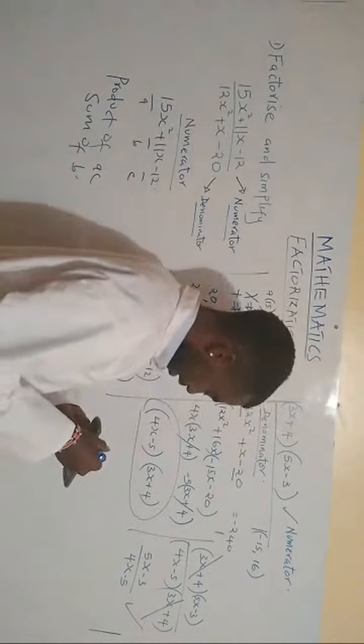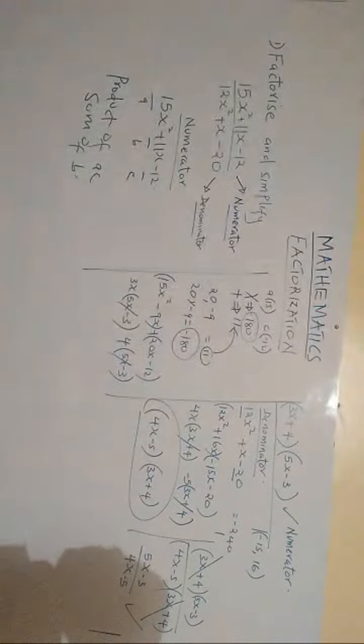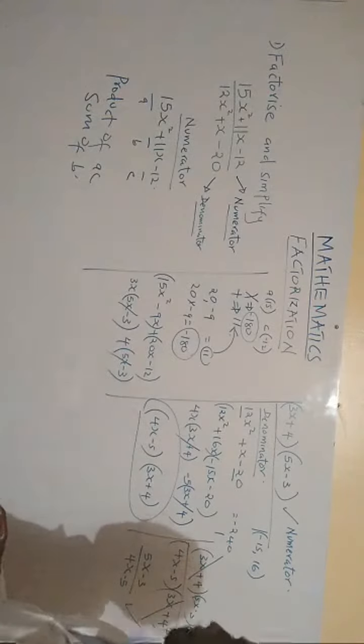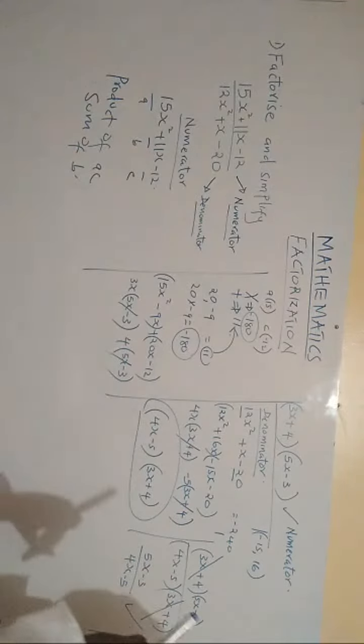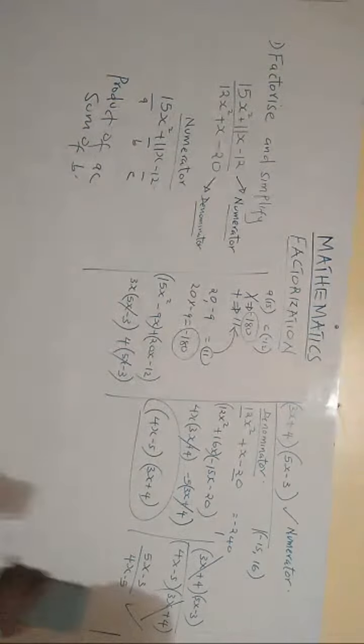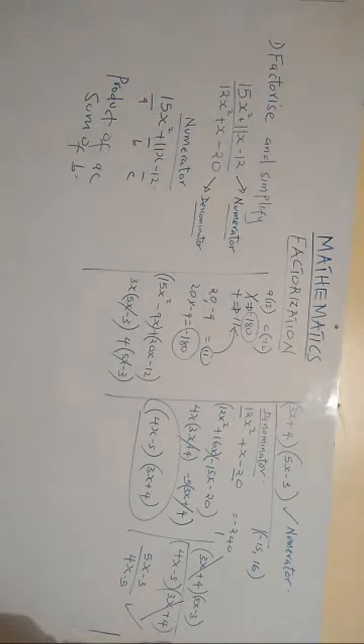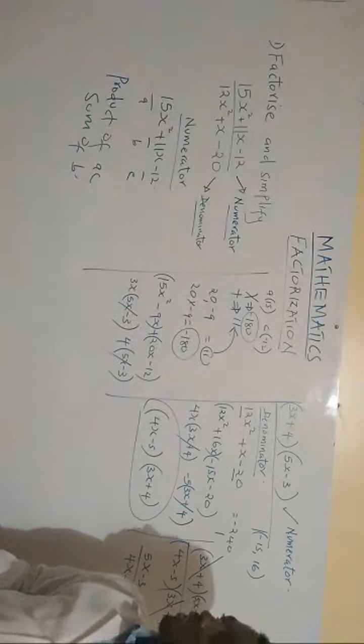That is the farthest we can simplify. So that is the solution for that factorization. We have factored the numerator, factored the denominator, divided the numerator by the denominator, and simplified to the final answer, which is 5x minus 3 over 4x minus 5.